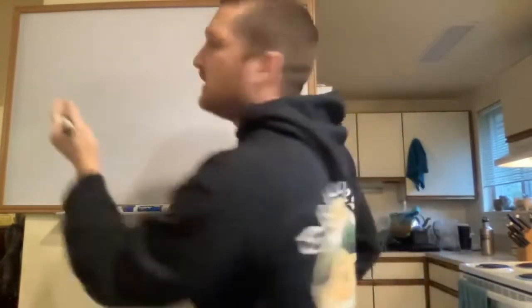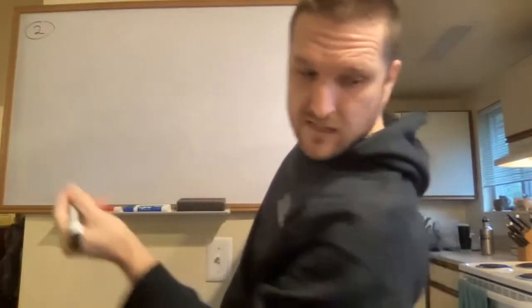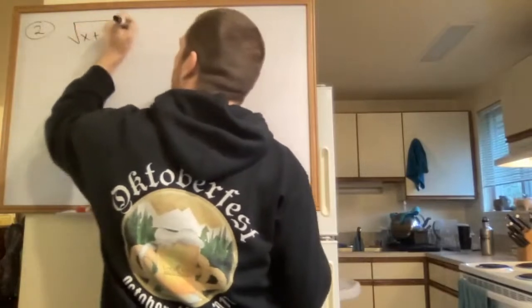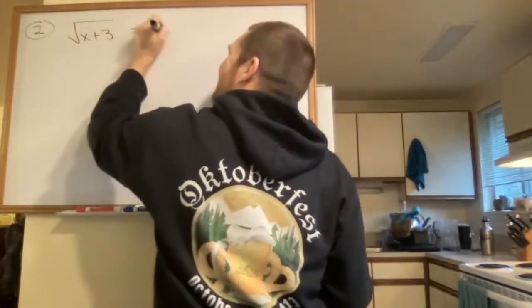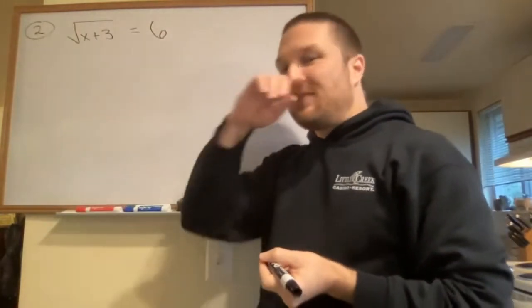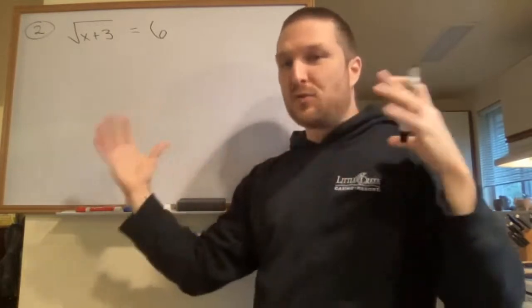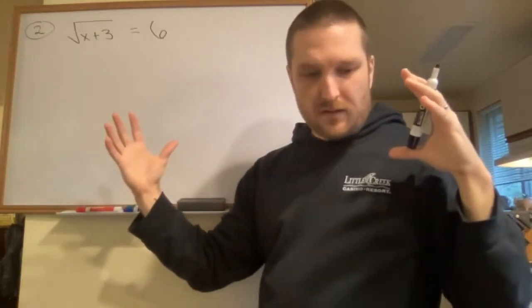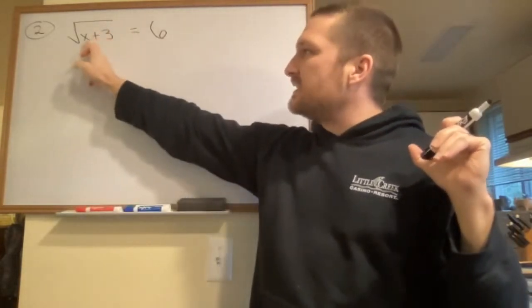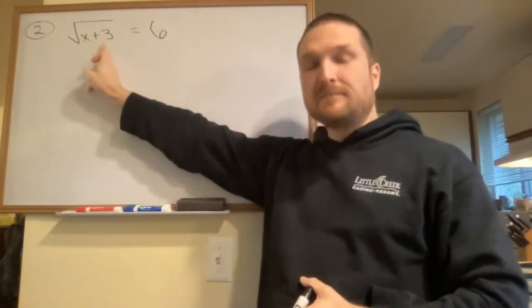This is from the problem set. This is number 2. And it is the square root of x plus 3 is equal to 6. Okay, now let's think about this. Looking at the innermost stuff, because I want to undo things. I look on the inside and I say, okay, the first thing that happens to x in this case is plus 3.